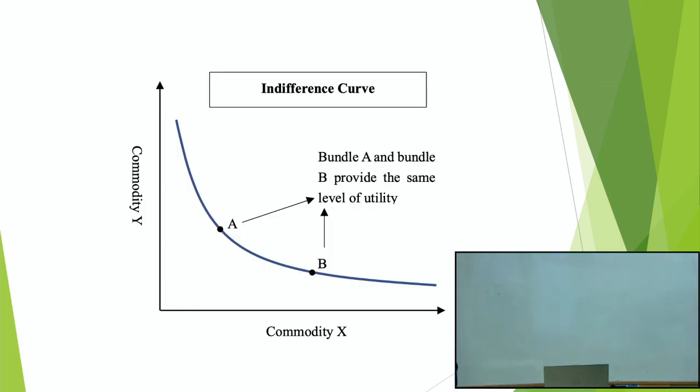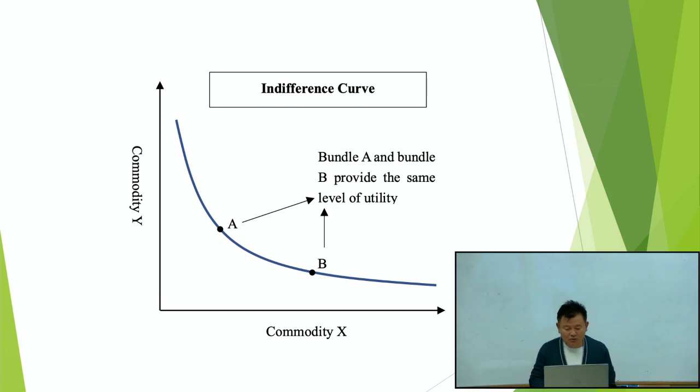On the indifference curve, commodity X is apple, commodity Y is, for example, orange. So bundle A and bundle B mean a combination of apples and oranges that provide the same level of utility.